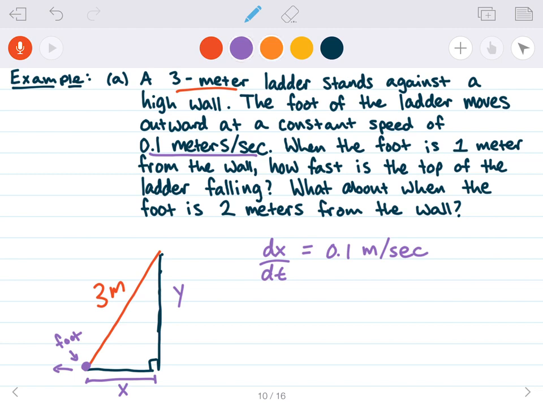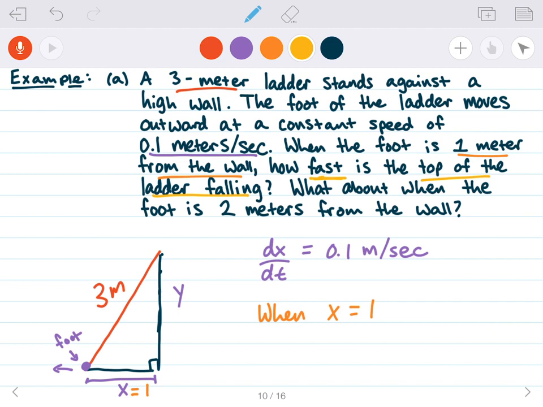Then they tell us when the foot is 1 meter from the wall, okay, that tells us when, let's just write it down, when x equals 1, that's what that means. How fast is the top of the ladder falling? We're looking for a rate. So what are we looking for?